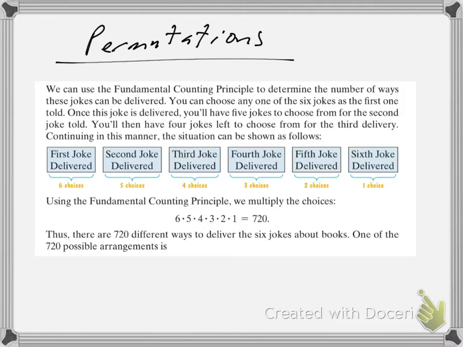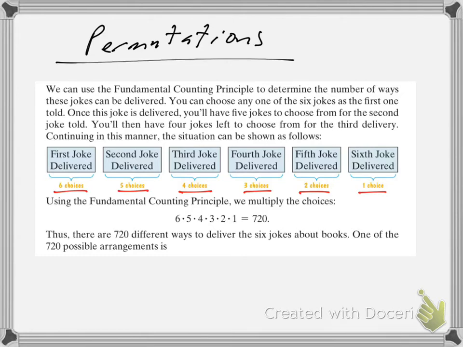So there's 6 choices to begin with. Then after you've done one of those choices, only 5 choices. Then after you've done the other 2, there's only 4 choices. And every time you tell a joke, there's fewer choices for the next joke. So we use the fundamental counting principle. We multiply the choices and get 720, so that means there's 720 different ways to deliver the 6 jokes about books.